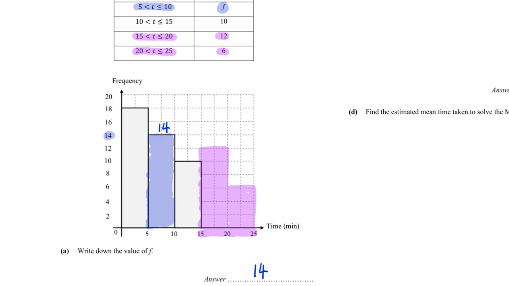Okay, so it'll be good to see this. And we are done with part B as well.